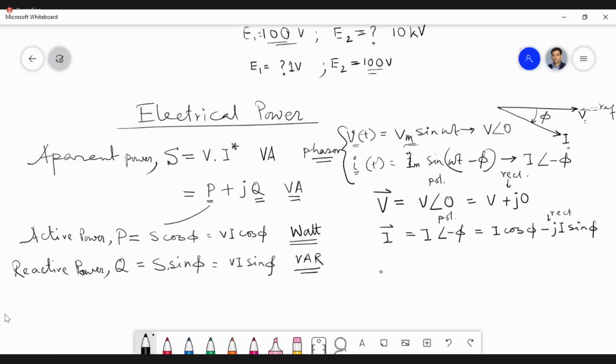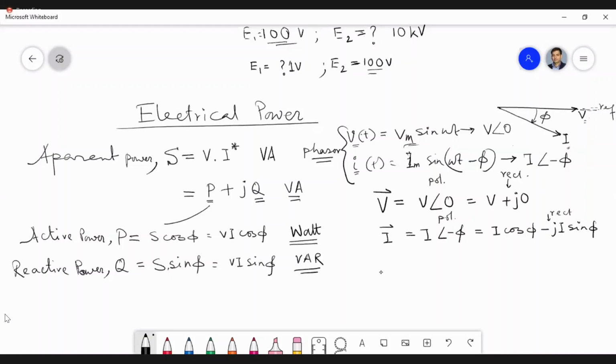So basically we consider the watt part, not the wattless part. We are consuming both the active and reactive power, but we don't pay for this VAR part, the reactive part of the power.